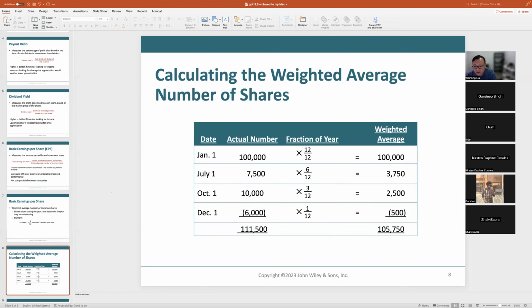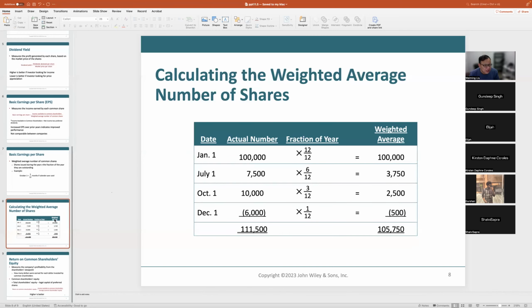So we got the weighted average number of shares is 105,750, and the actual number of the common shares is 111,500. That is what we mean by weighted average.